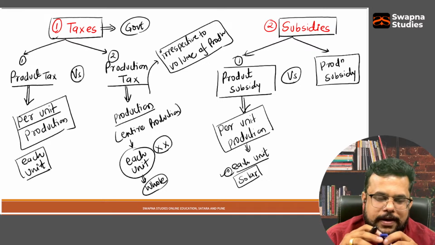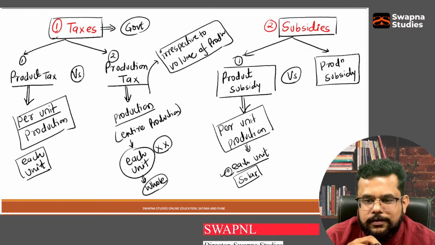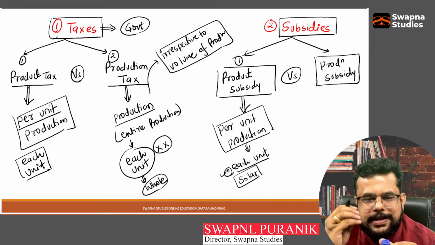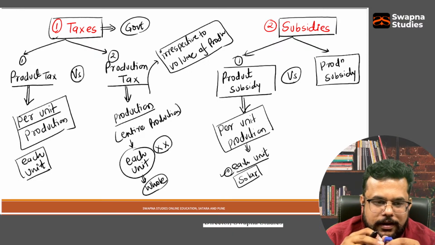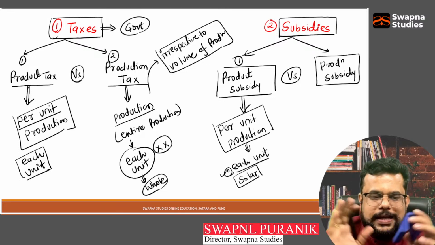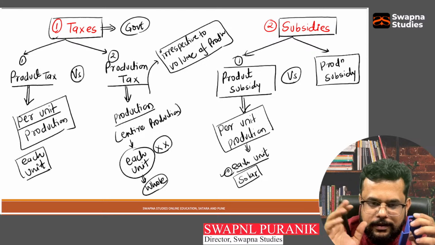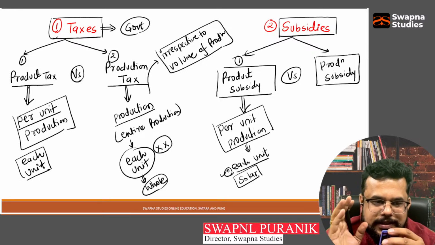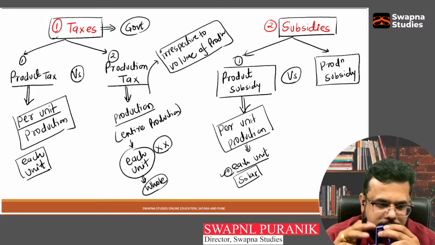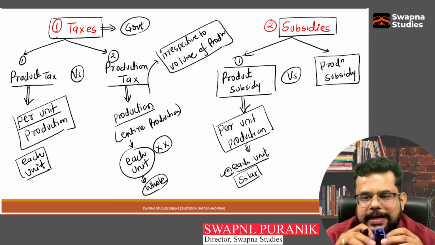For example, if I pay registration duty of, say, 2.5 लाख रुपीस, 2.5 लाख रुपीस की मैंने रजिस्ट्रेशन ड्यूटी पे की. अब इसके बाद मैं कितने यूनिट्स बनाता हूं उससे कोई लेना देना नहीं है. आई प्रोड्यूस 100 यूनिट्स, आई प्रोड्यूस 10 लाख यूनिट्स, और आई प्रोड्यूस 50 लाख यूनिट्स, I don't have to pay any tax anymore.